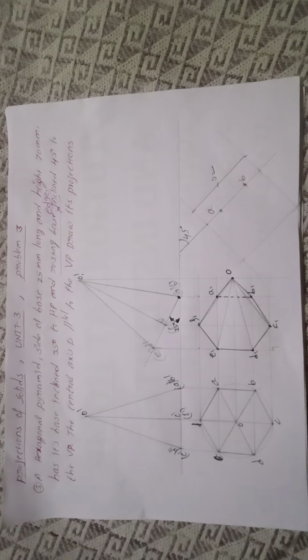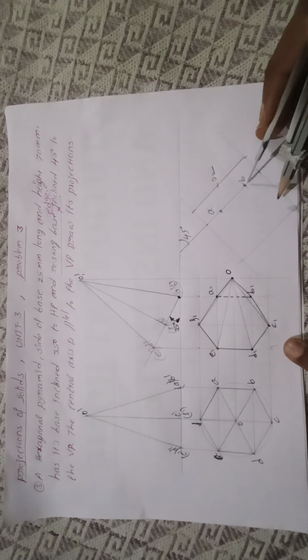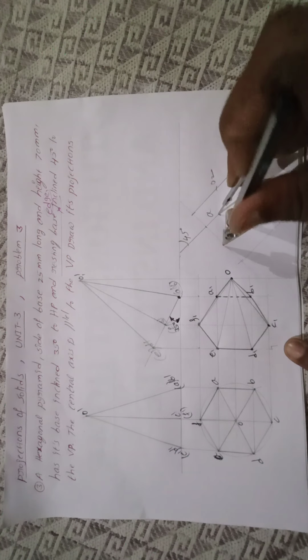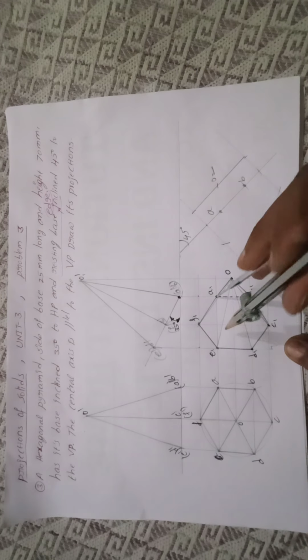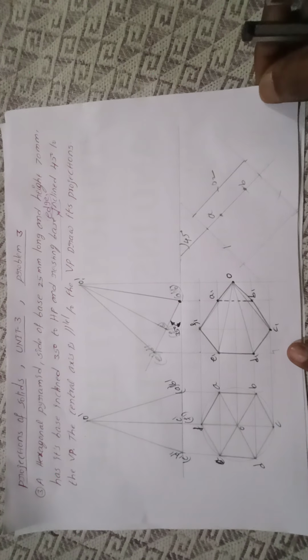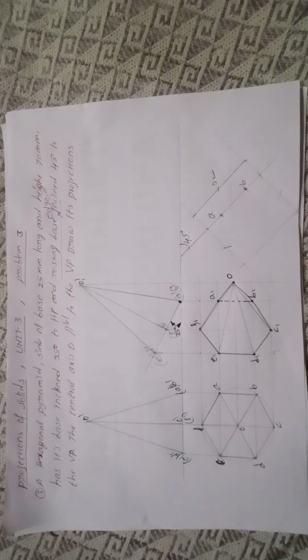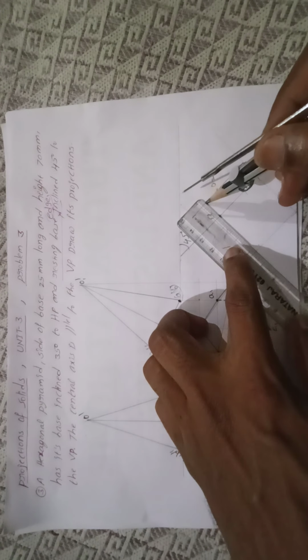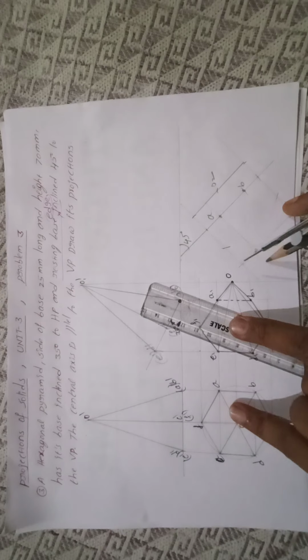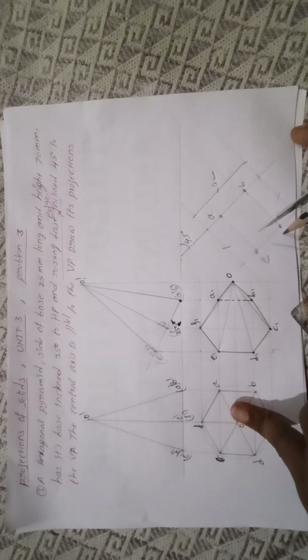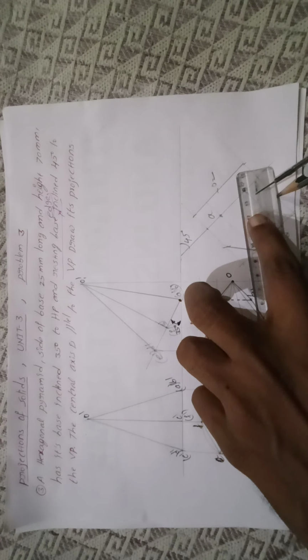Now A to C or B to C, B to C and A to F will be the same, and A to E. The opposite point of A will be E, so draw a perpendicular line. Here you will get point E. Draw a perpendicular line. Here you will get B opposite D. So just join them. So that we have shifted.